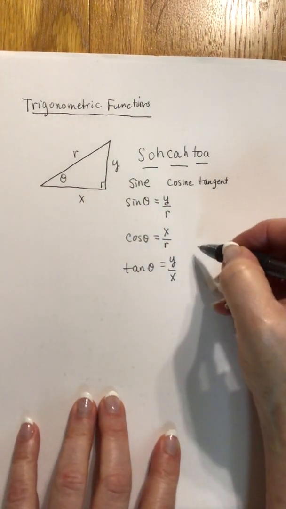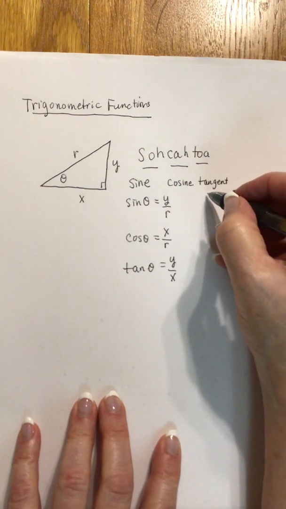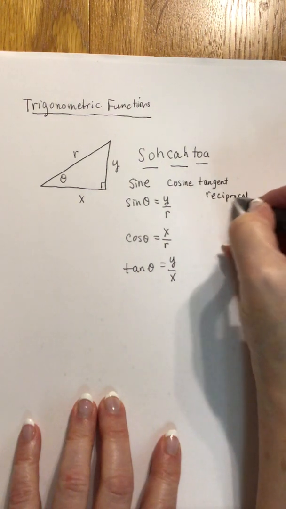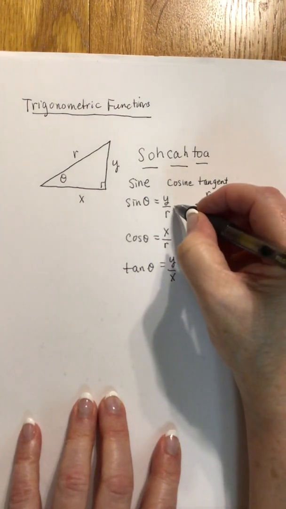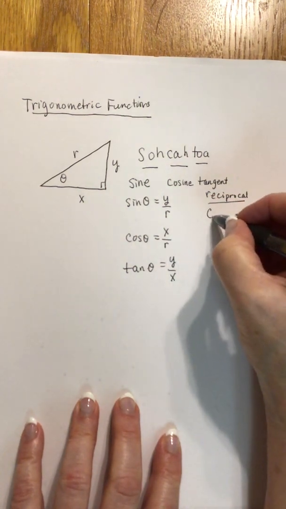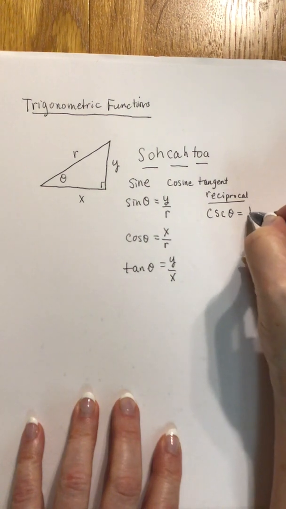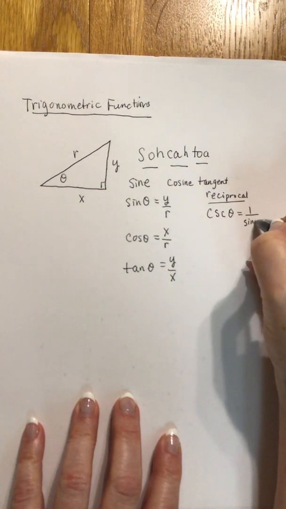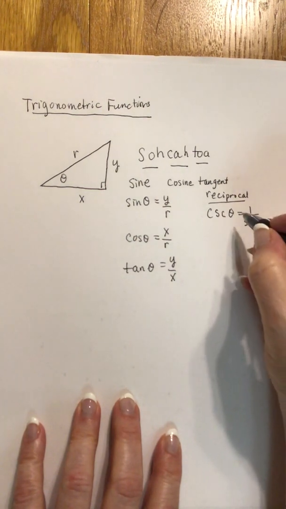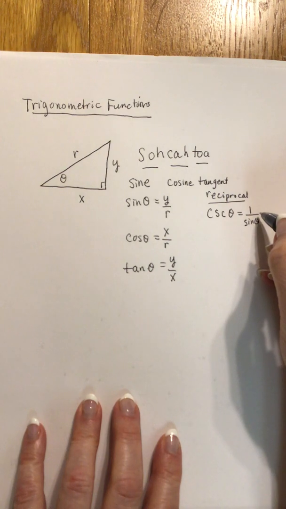Now, going along with these three, we have 6 trig functions. So we have what we call the reciprocal functions. So what would be the reciprocal of sine? Well, sine's reciprocal is going to be cosecant theta, which means 1 over sine theta. So if sine is y over r, then cosecant theta is going to be what?